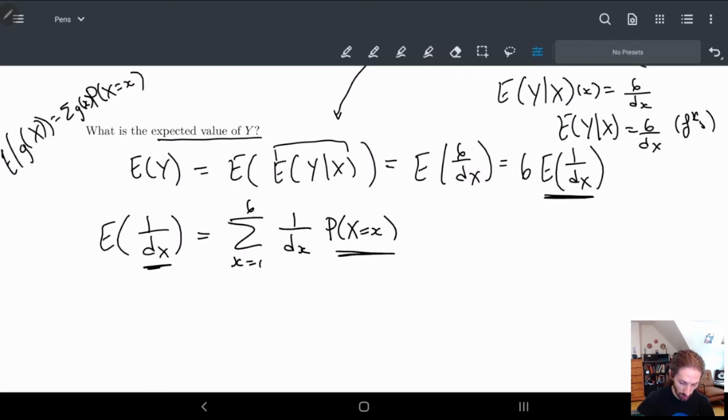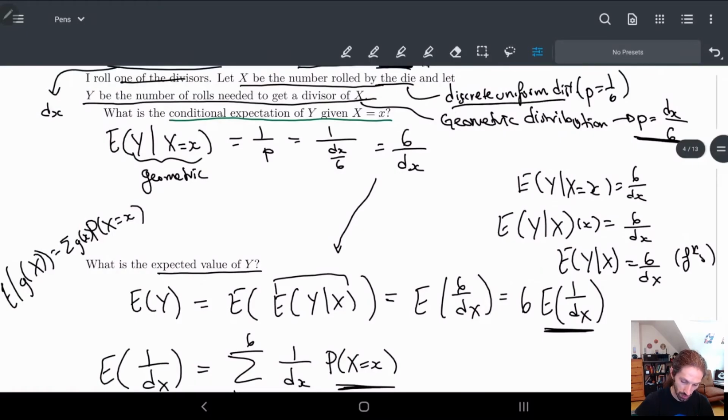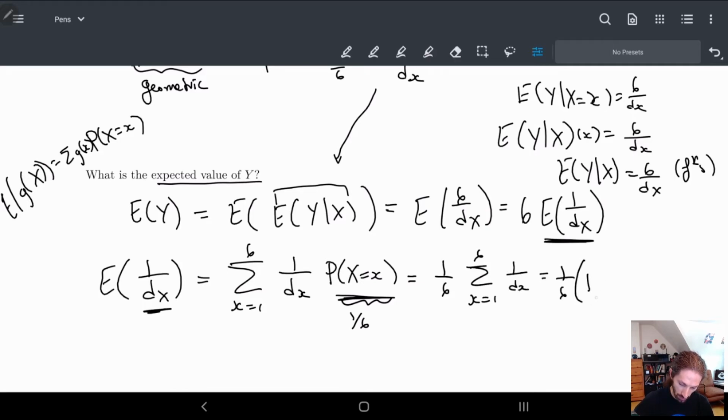Now remember we have a discrete uniform distribution, and the probability is 1/6. So here I can substitute 1/6 and pull the 1/6 out. So 1/6 times the sum of 1 over d of x. And here we can just plug in our numbers. We get 1 plus 1/2 plus 1/2 plus 1/3 plus 1/2 plus 1/4.